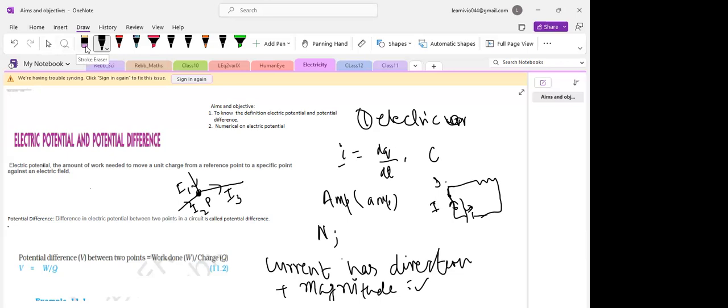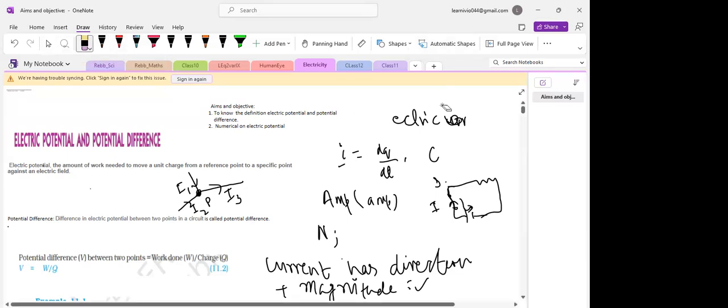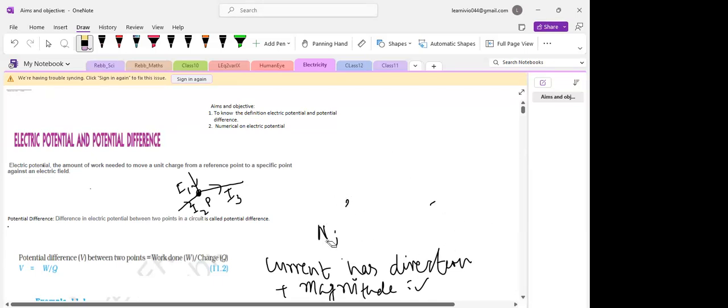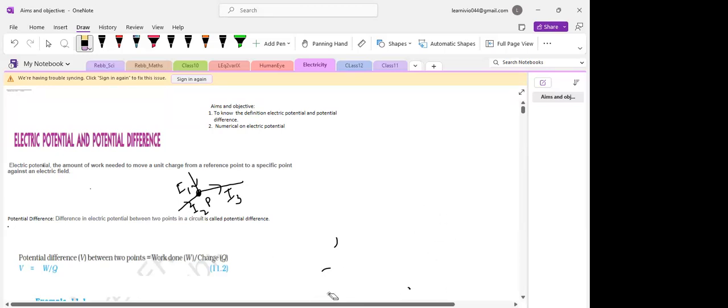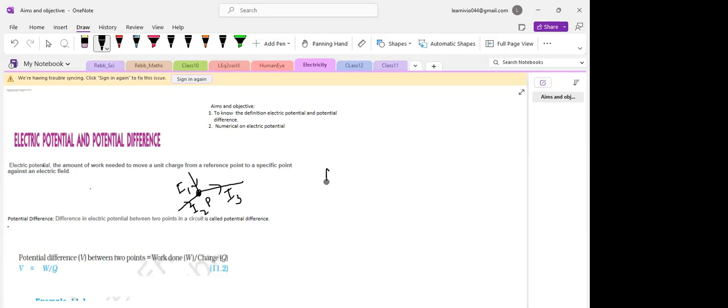We will add the incoming currents and subtract the outgoing currents. So the net current at point P: I1 plus I2 will be added and I3 will be subtracted, and this will become equal to 0. Clear?